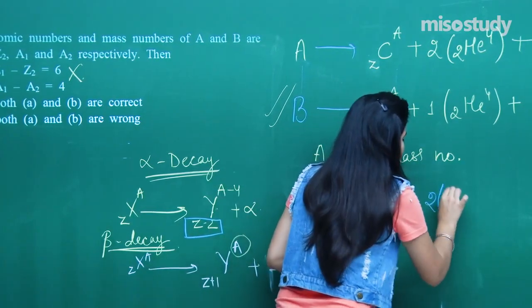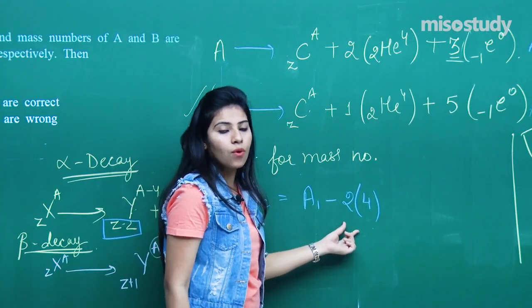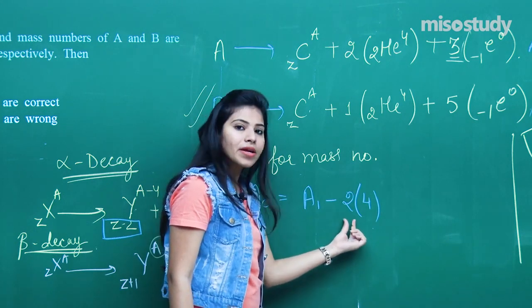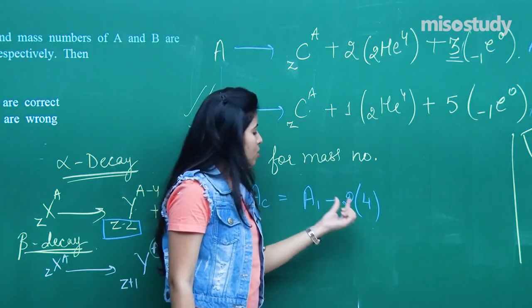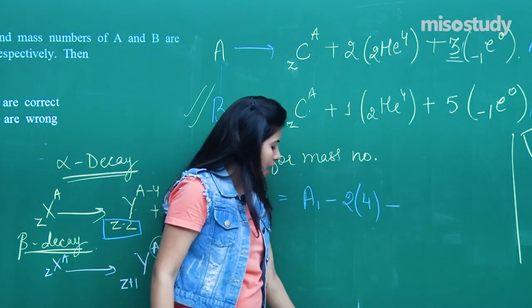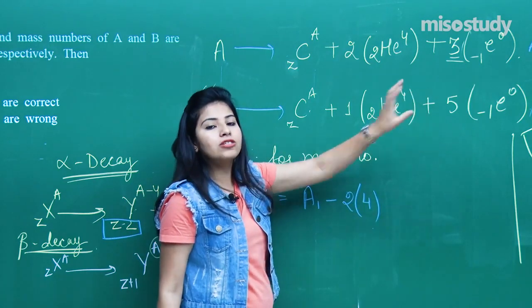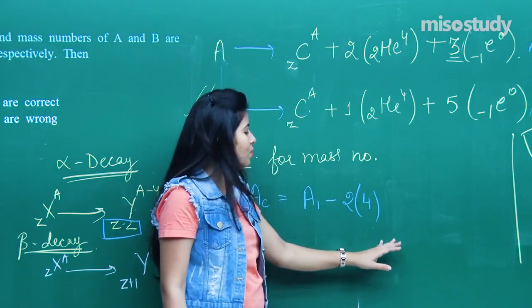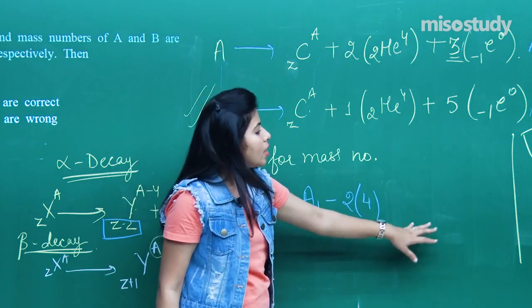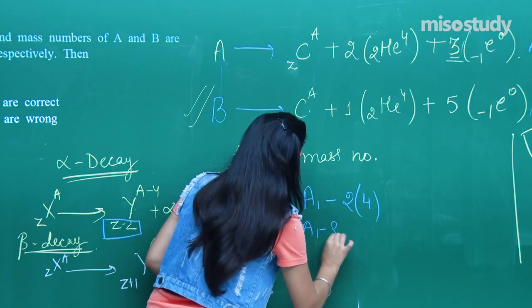So 2 into 4, because the mass number is reduced by 4. So minus 2 into 4. For beta particles, because they do not affect the mass number, we will not write anything here. So this will be A1 minus 8.